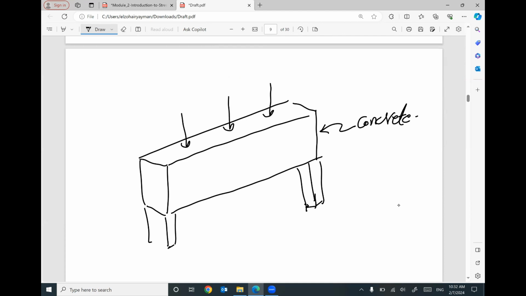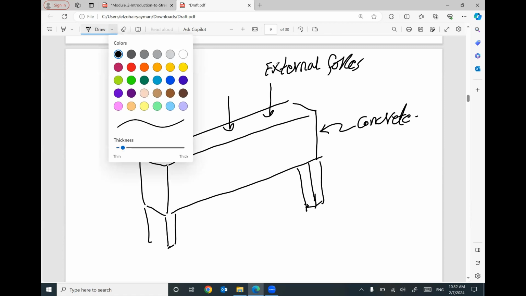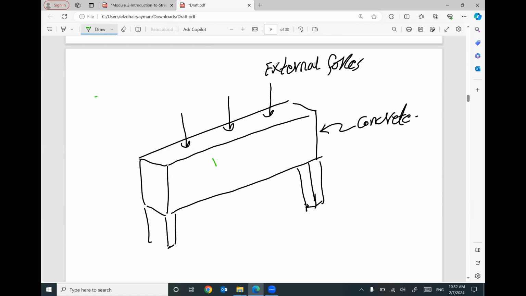These forces are called external forces. These external forces will create internal forces. These internal forces can be axial force, shear force, bending moment, or maybe torsion.